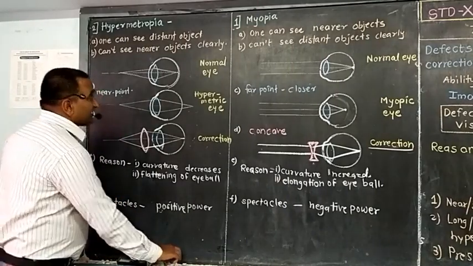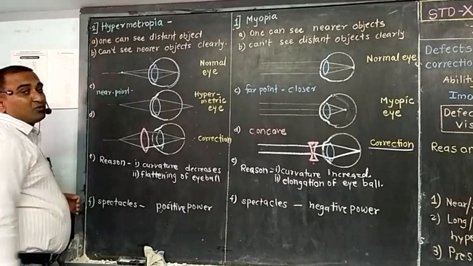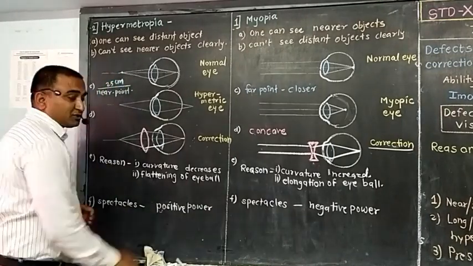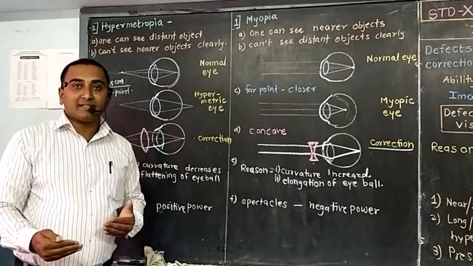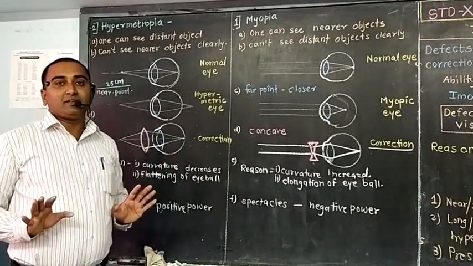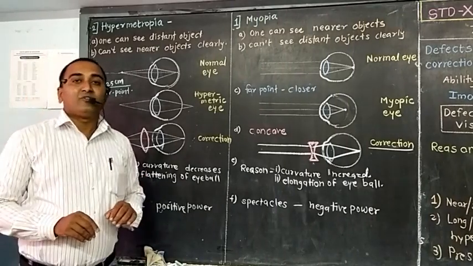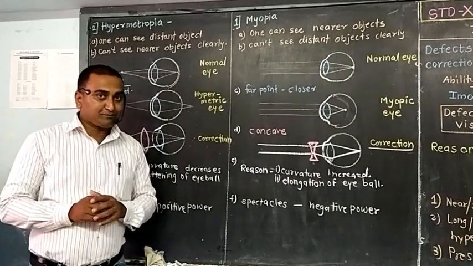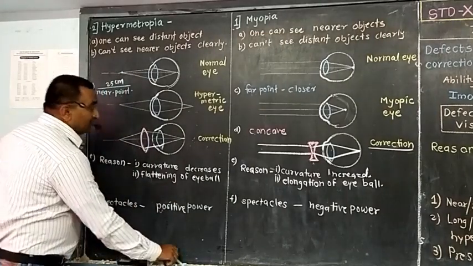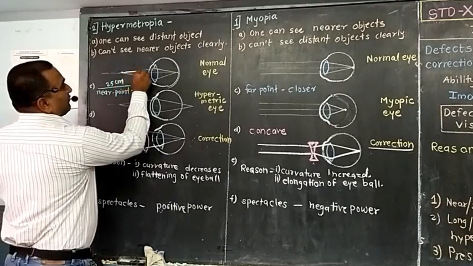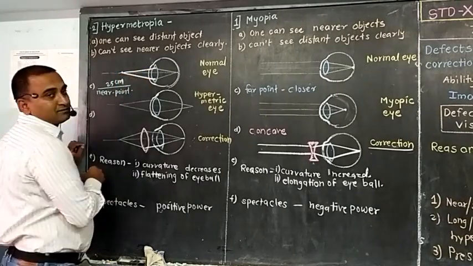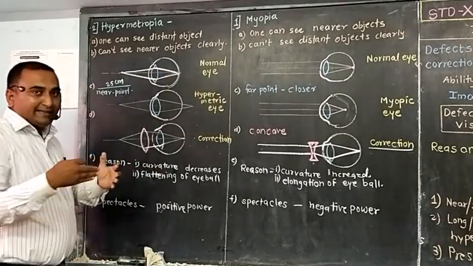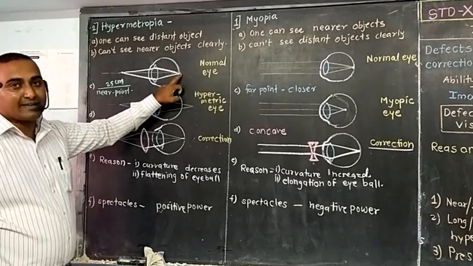See, when an object is near to us, what is the near point? The near point is 25 centimeter. We should hold any object at least 25 centimeter from our eye. Then only we can see that object's image very clearly and comfortably. Then what is going to happen here? The rays coming from these objects should bend more, and by bending more, they should meet on the retina.